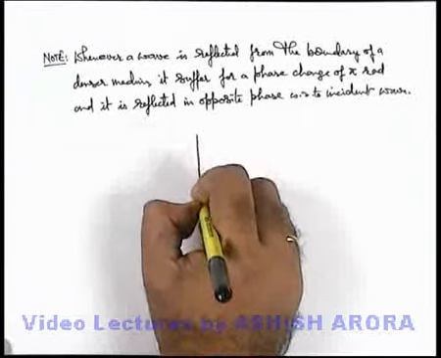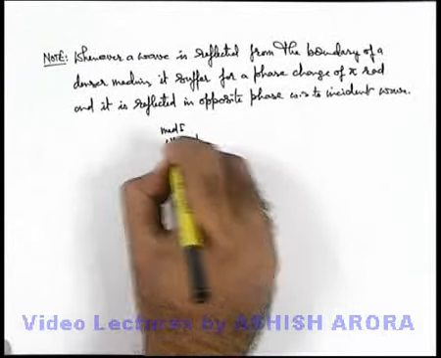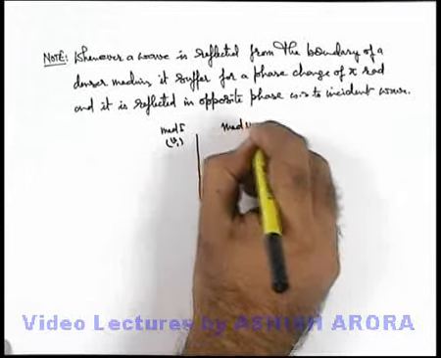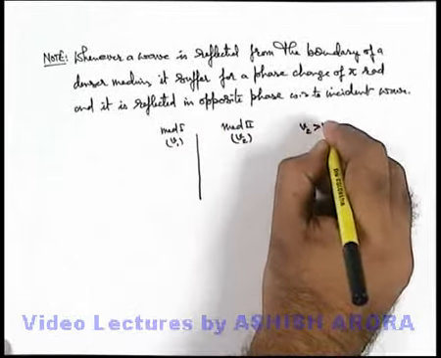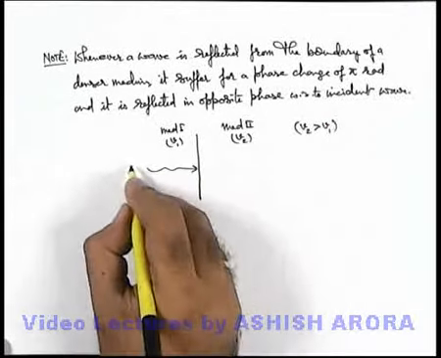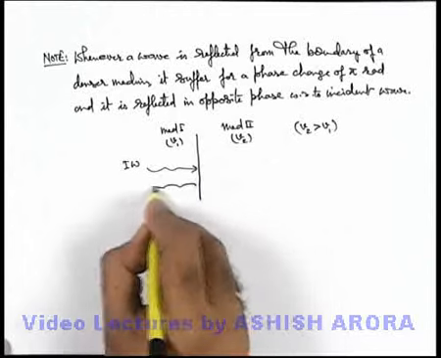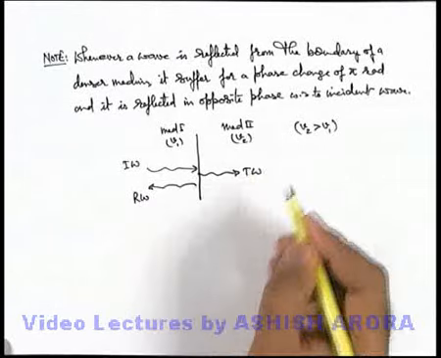So you should always remember, if in medium 1 the wave speed is v1 and in medium 2 the wave speed is v2, and v2 is more than v1, that means medium 2 is rarer. Then there's the incident wave, the reflected wave, and the transmitted wave.